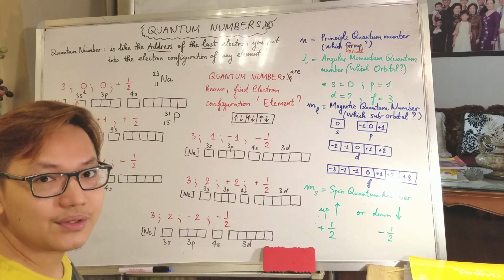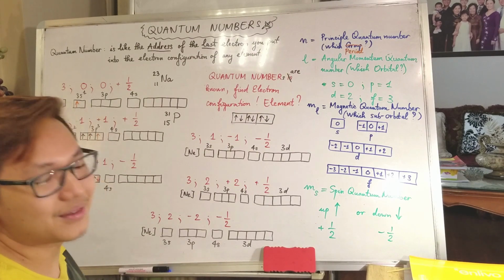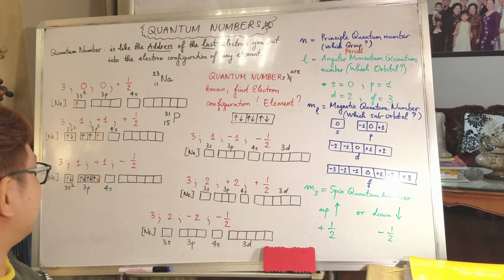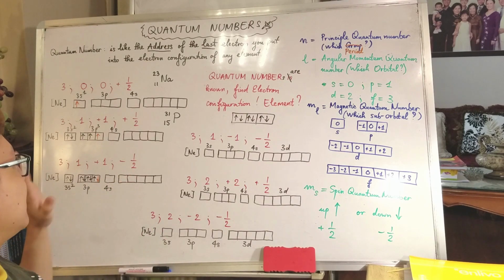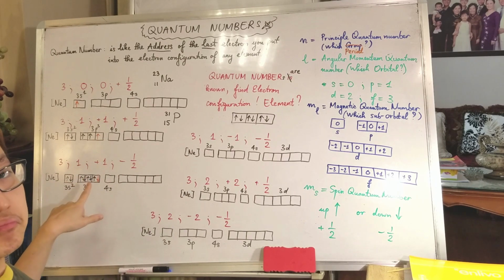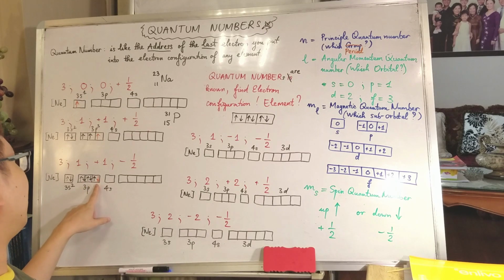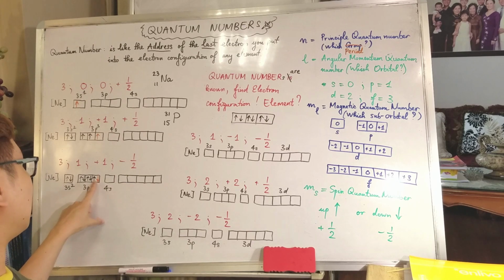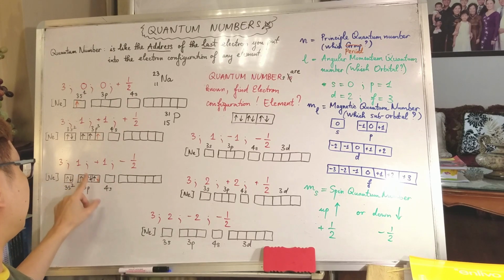Is the logic too hard to understand? Once again. You found out that the last electron in this configuration belongs to this place, going down. So you knew that when something is going down like this, it means that there has to be up and up already.